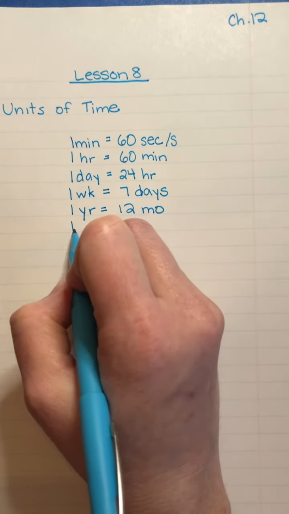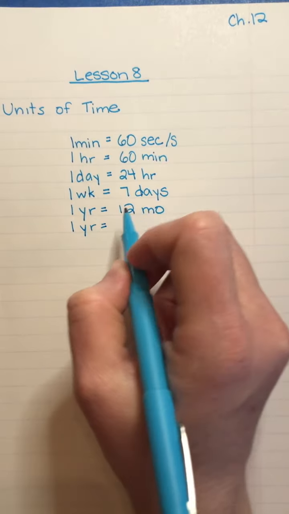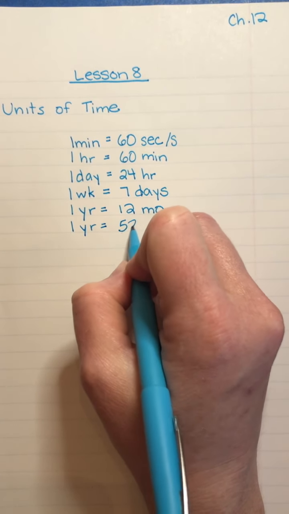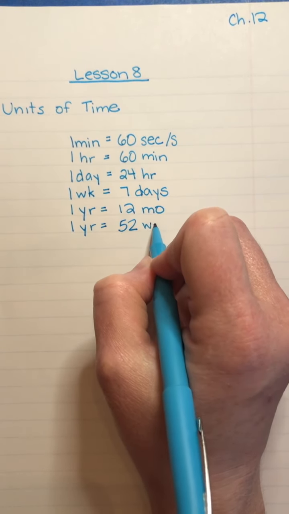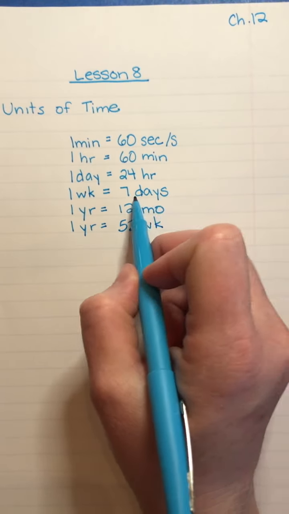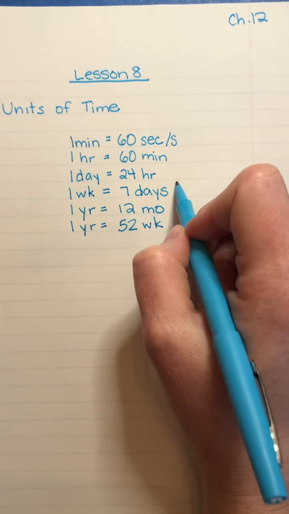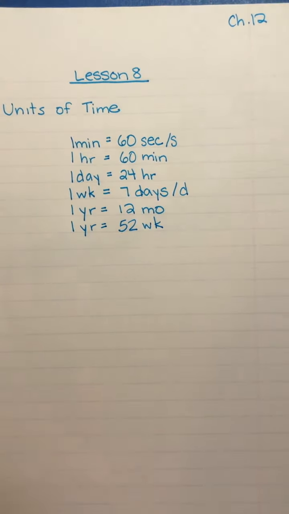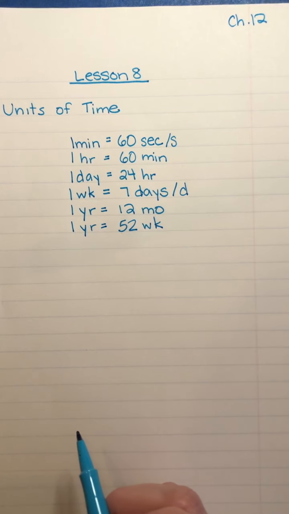And finally, 1 year is equal to 52 weeks, and we will put WK, 52 weeks, okay? So days, you can either write out days or you will see it with just a D, either one, okay? So these are your basic units that you need to know for your conversions for this lesson.